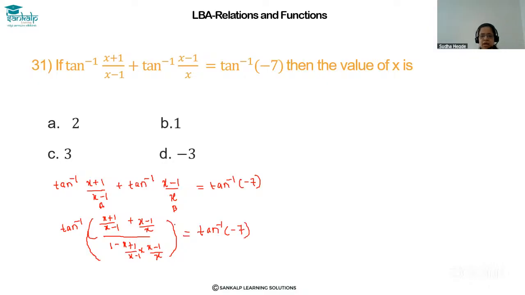So both the sides you have tan inverse. If you apply tan on both sides, tan inverse tan cancels. So only bracketed terms will be remaining.